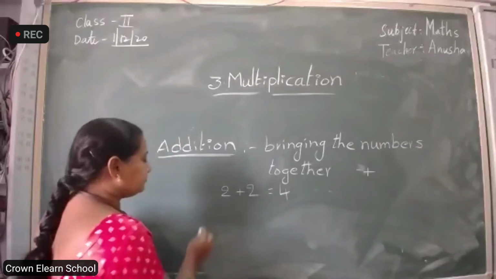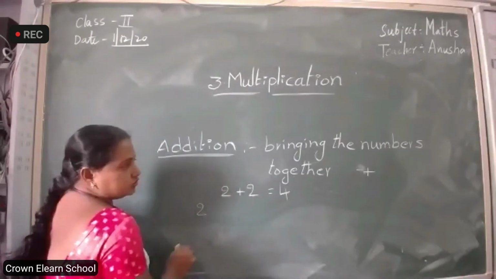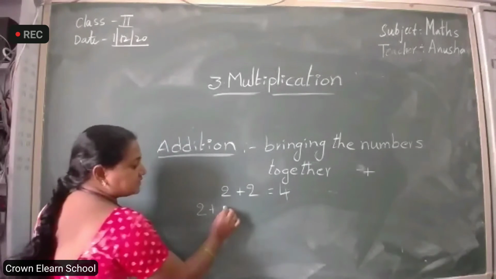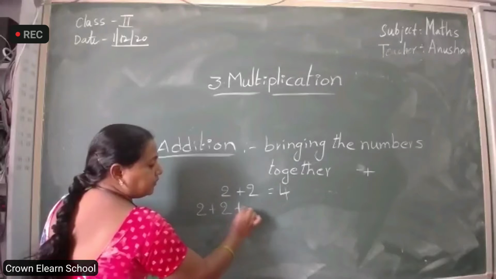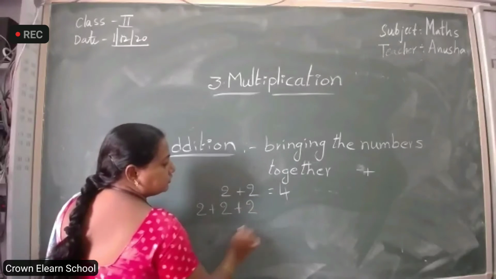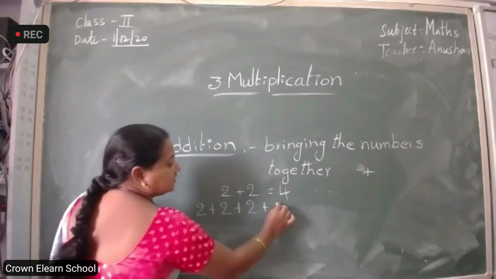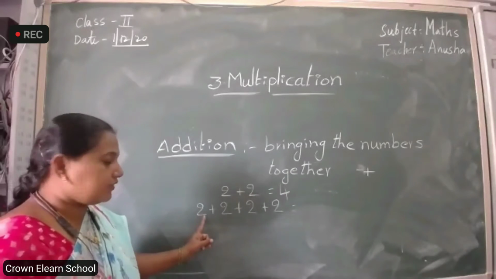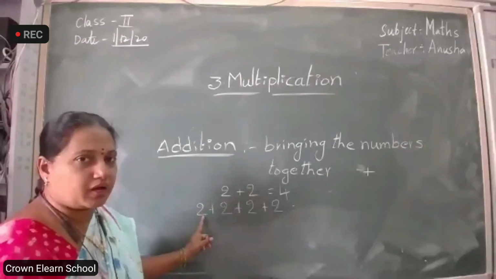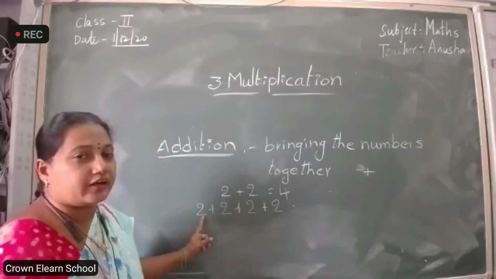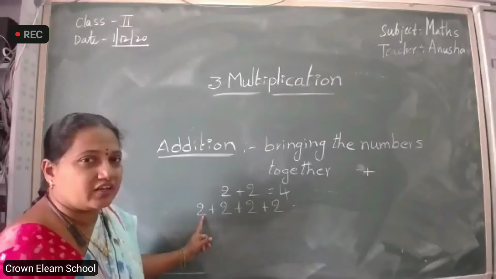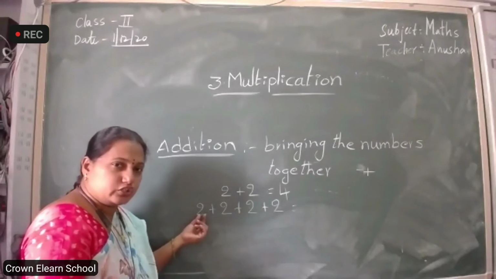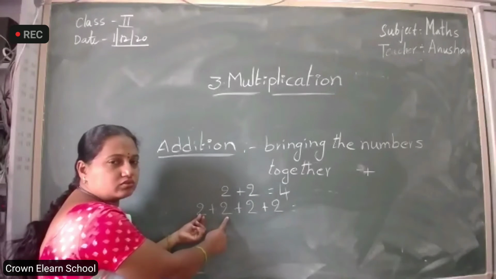Okay? Now 2 plus 2 plus 2 plus 2. Now tell me, first, this is like skip counting. Already you have done it in the money chapter, isn't it? Like that only. Just see. 2 plus 2, how much?